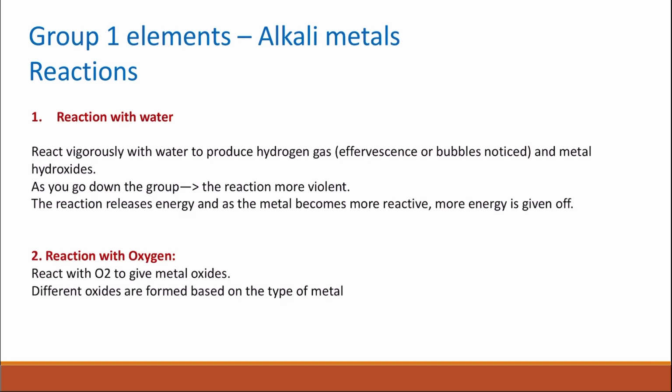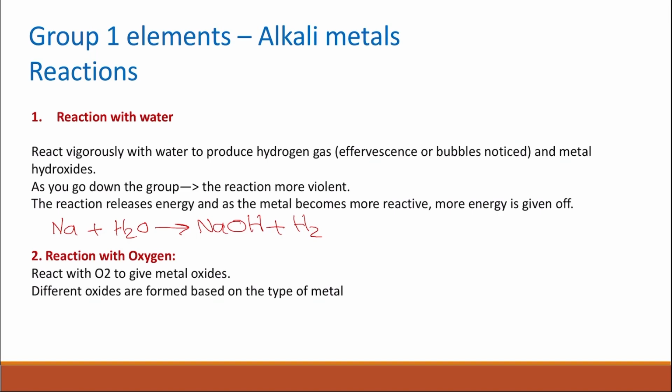So let's have an example. If we react sodium with water, then you're going to have sodium hydroxide and hydrogen. This equation is not balanced, and since we are writing an equation, we should consider how to balance it.